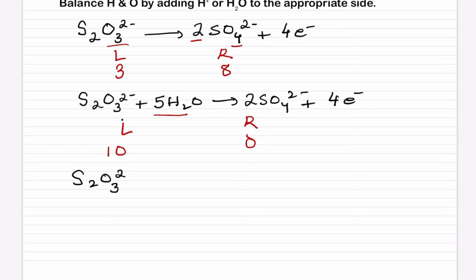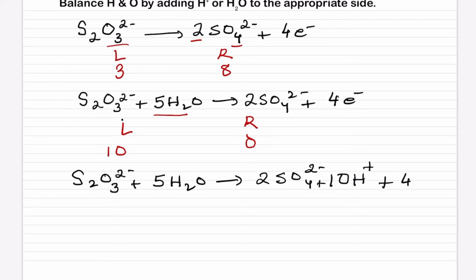S2O3 2- plus 5 H2O will give you 2SO4 2-. Now we add 10 H+ to balance the hydrogen, plus 4 electrons. So now this is balanced. The charge is balanced.